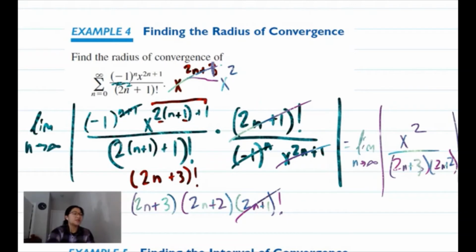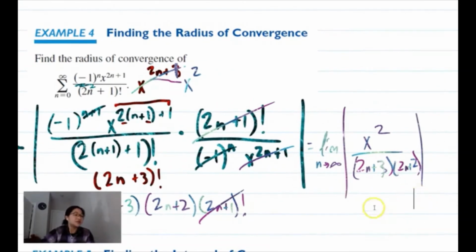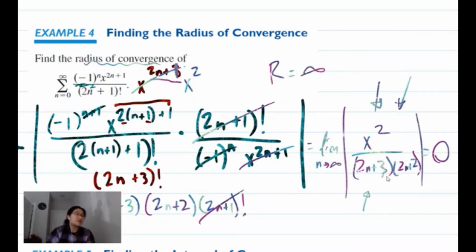And as n approaches infinity, no matter what number we have for x, this is going to go to 0, because there's n squared in the denominator and no n's in the numerator. So our radius of convergence is infinite. We have an infinite radius of convergence because it's always going to converge. This power series is always going to converge. It's pretty cool.